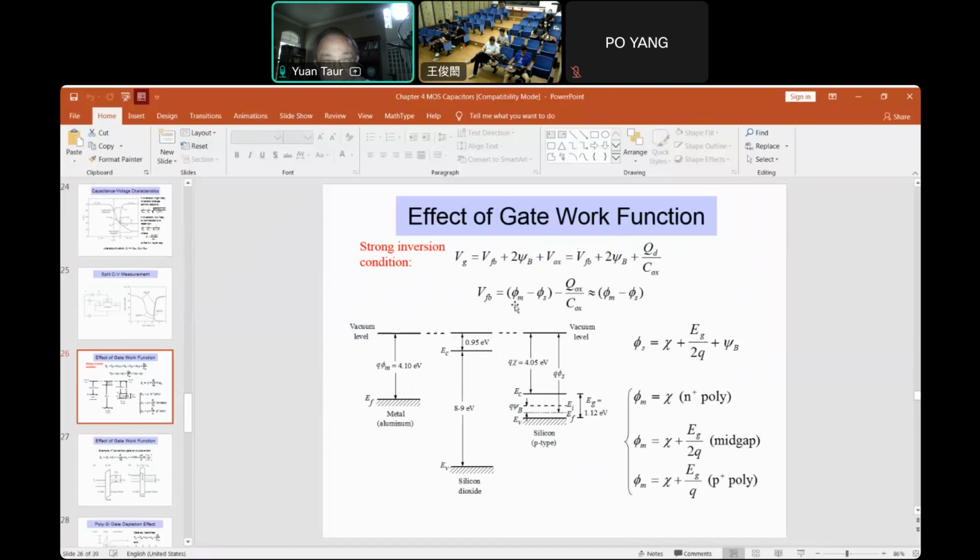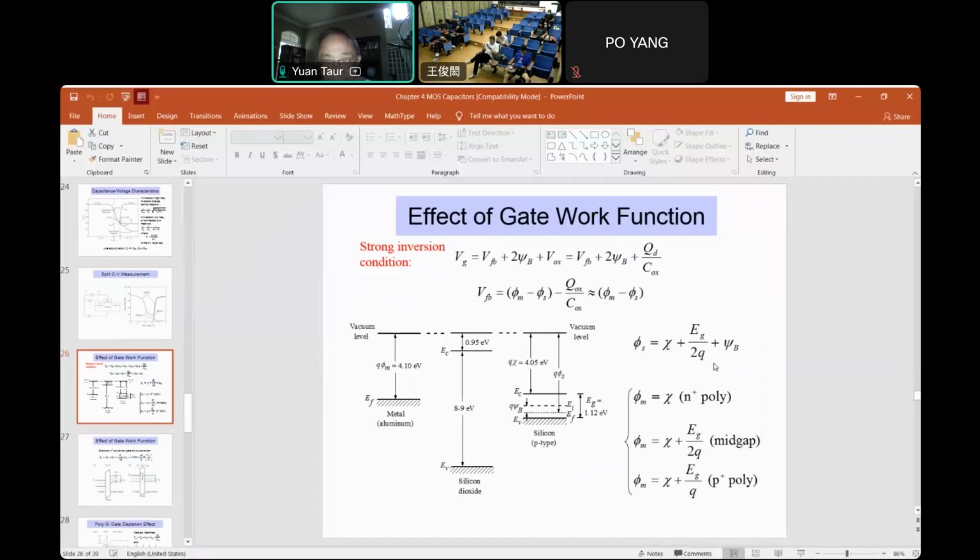The flat band voltage, with negligible outside charge, is the work function difference, phi m minus phi s. And so it all depends on phi m. Remember that phi s in this case is p-type, so electron affinity plus half a band gap plus another psi b. That's what we covered before.